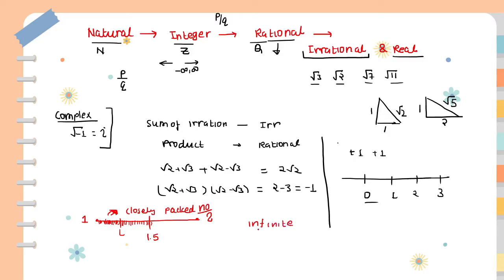You have to remember this point also, that in integers, plus 1 is added to get the next term, but in natural numbers, between any two natural numbers only a finite number of natural numbers are present, that is from 0 to 3 there are only two natural numbers. We can't compute how many numbers are between 0 and infinity. So basically the general idea is, between any two natural numbers there are finitely many numbers, but between any two rational numbers we can generate infinitely many rational numbers.